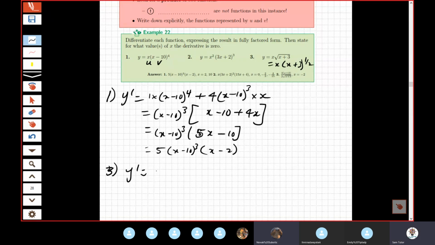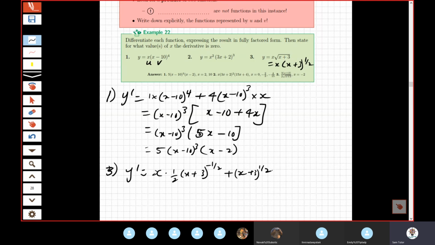Okay, 1/2 x plus 3, plus, but it's x, so it's just 1. But what about your power? It's minus 1/2. Plus uv dash plus vu dash, so that means x plus 3 to the power of 1/2.